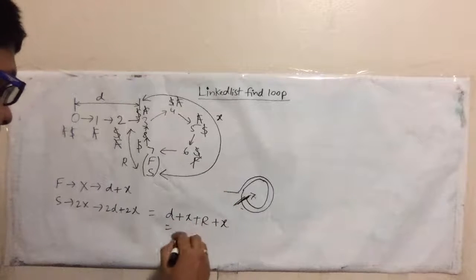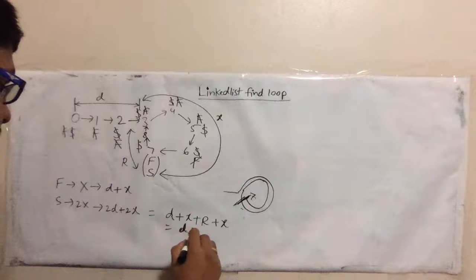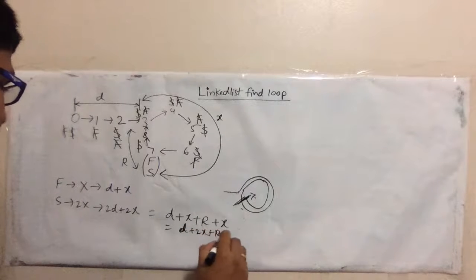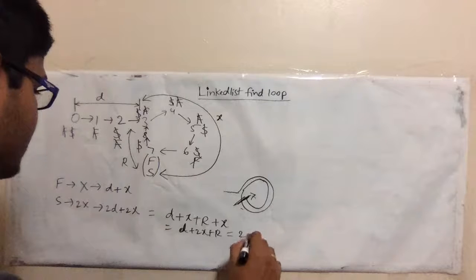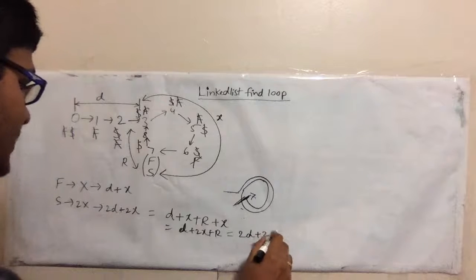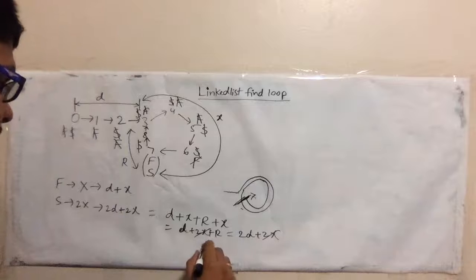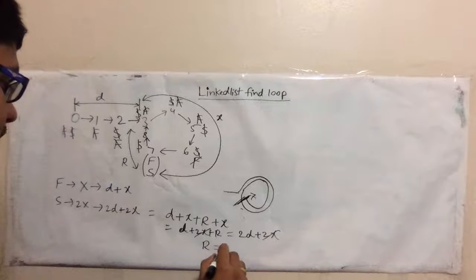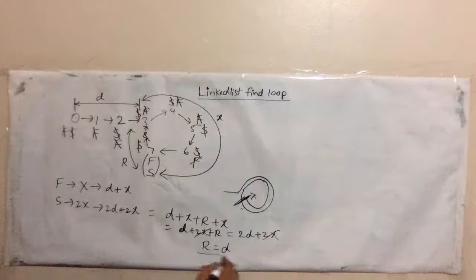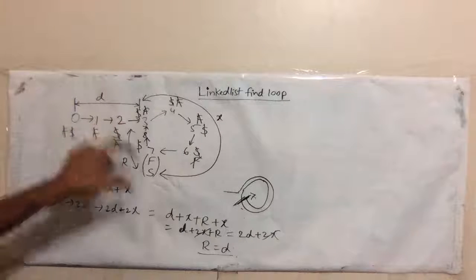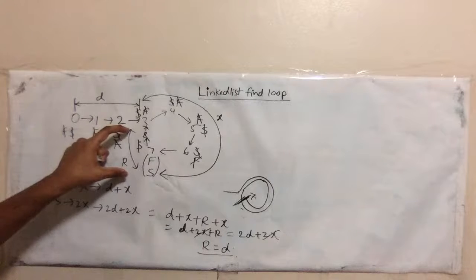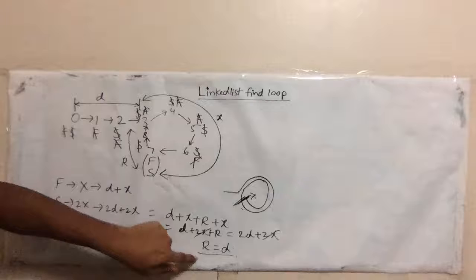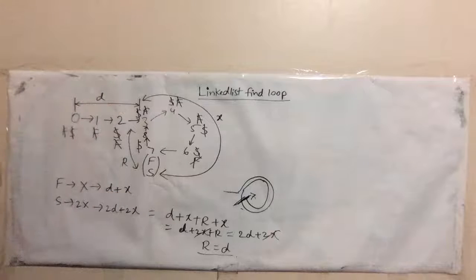So d plus 2x plus r, which in terms of d plus x is equal to 2d plus 2x. So 2x removed, and if you solve this, r is equal to d. So we got the remainder length, and it amazingly became equal to d. That's what we came to know from this.